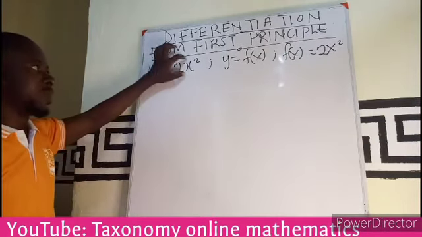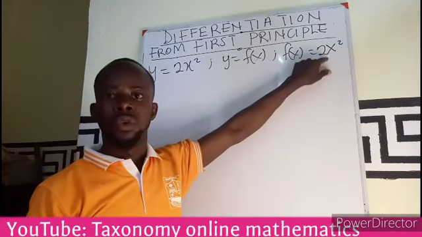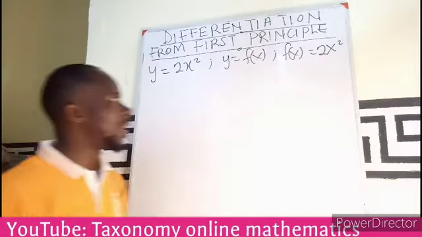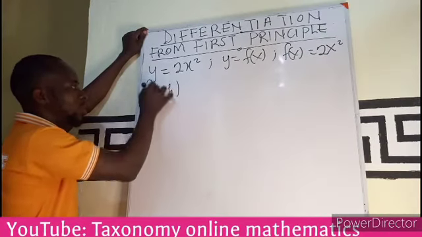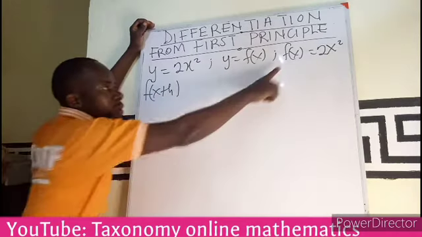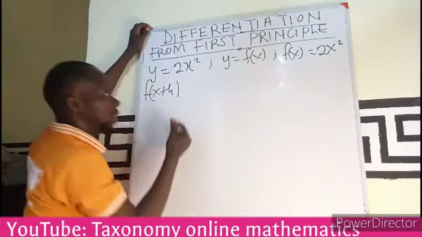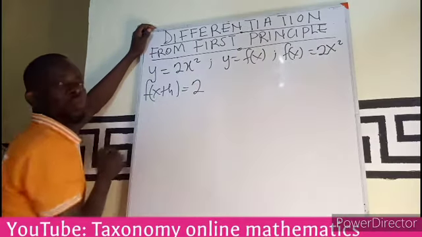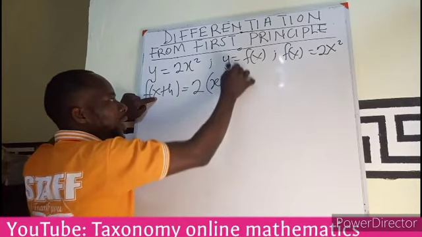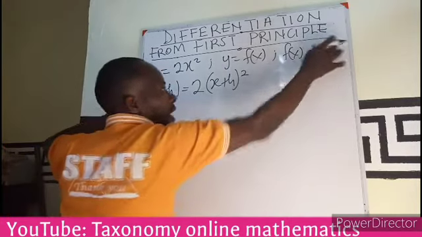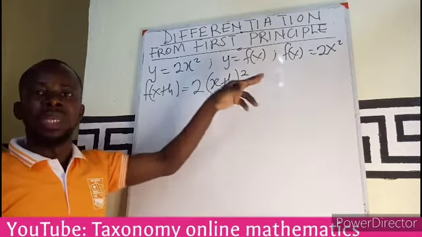Alright. We also have f(x plus h). You know the x in a bracket is here before the constant multiplier. So this will give us 2 as a constant multiplying (x plus h) all squared. Wherever I see x, I put in x plus h.